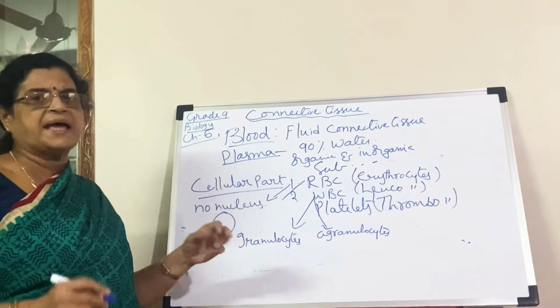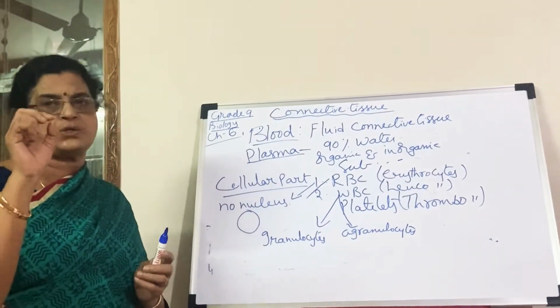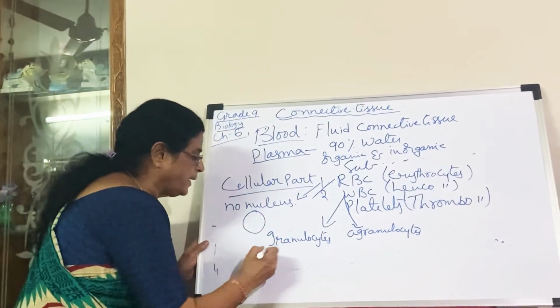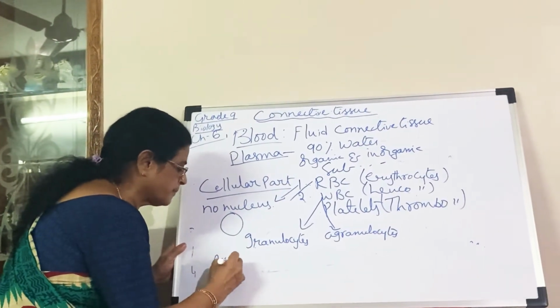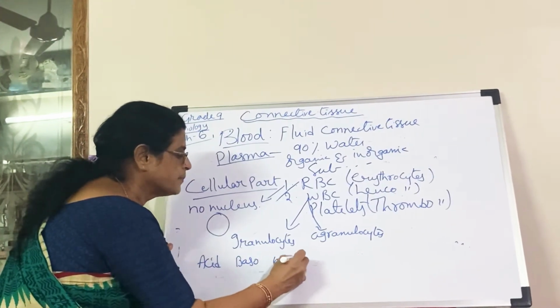In the granulocytes, the cellular part in the matrix contains some granular structures. Some granules are present. Again, they are divided into acidophils, basophils and neutrophils.